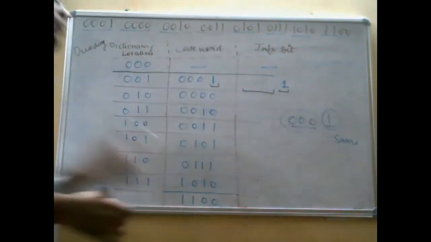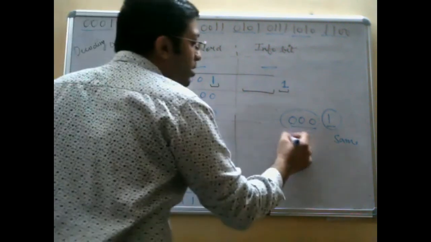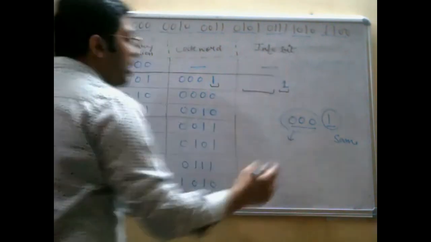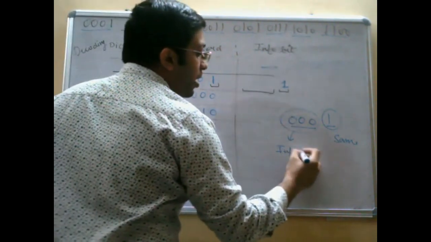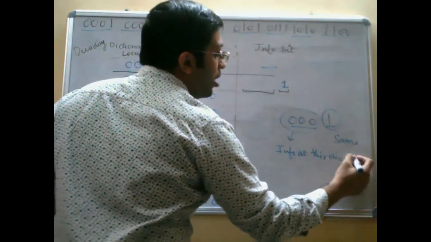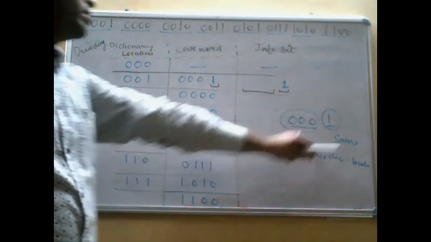Now what will be done for the prefix? In the case of the encoding part, we assigned a dictionary location depending upon the information content. Now we will assign the information bit, that is, the information at this dictionary location. So this is nothing but a dictionary location for me.